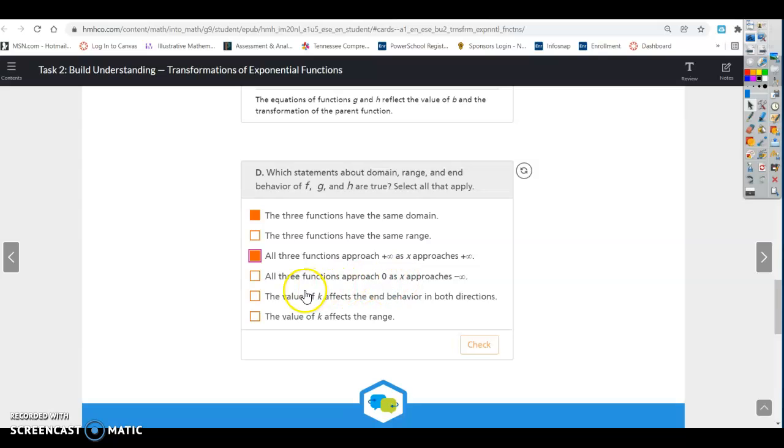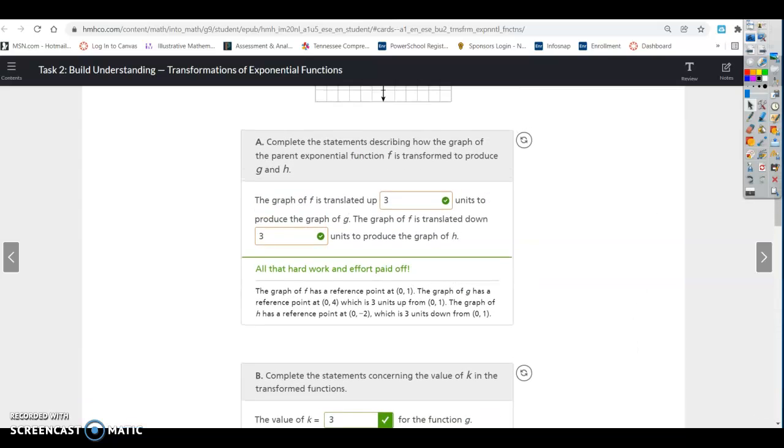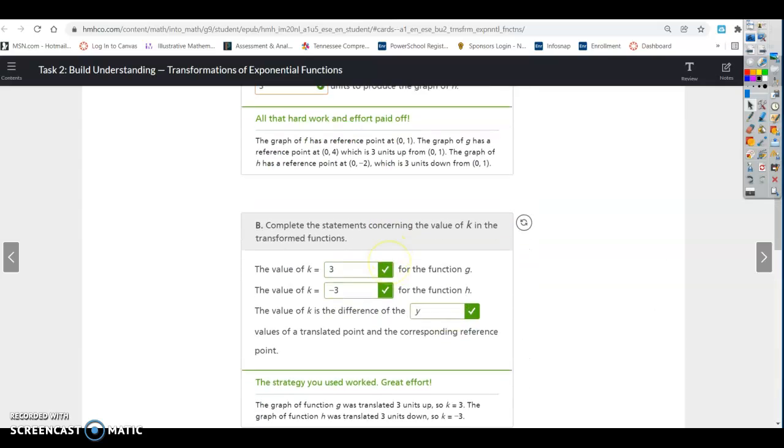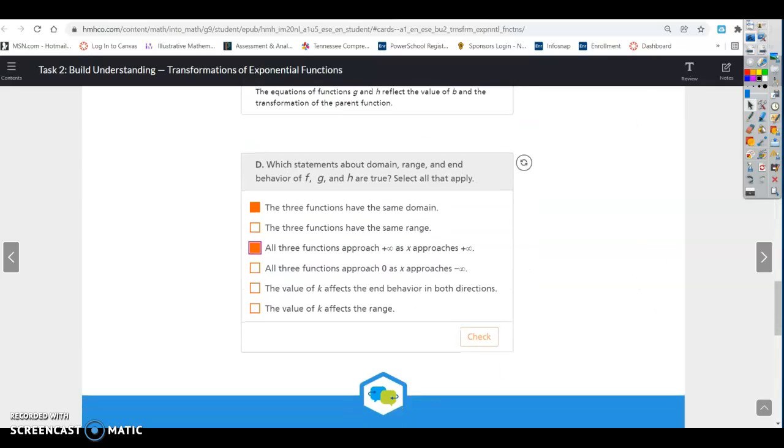That's not true, because again, oh wait a minute, let's see. All three functions approach 0 as x approaches negative infinity. So as x goes to the left, what's happening? All right, as x goes to the left, this one's approaching 0, but again, the asymptotes have shifted because it's translated. So that one is not true.